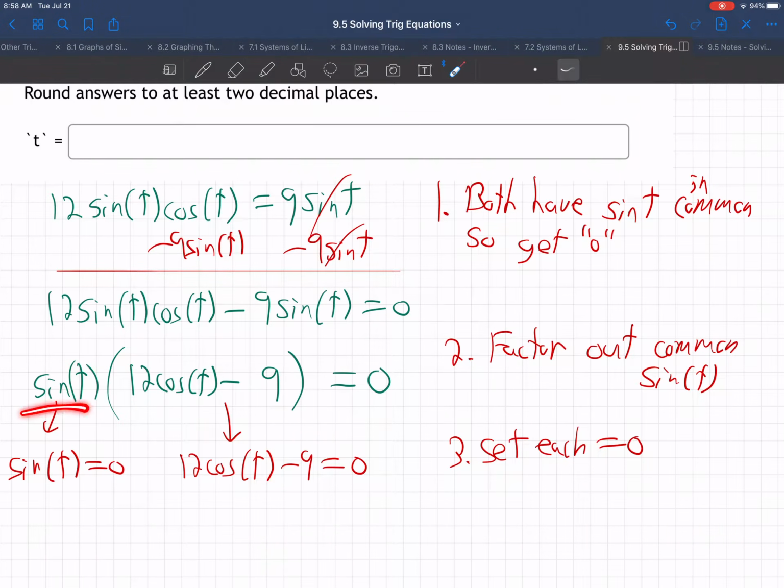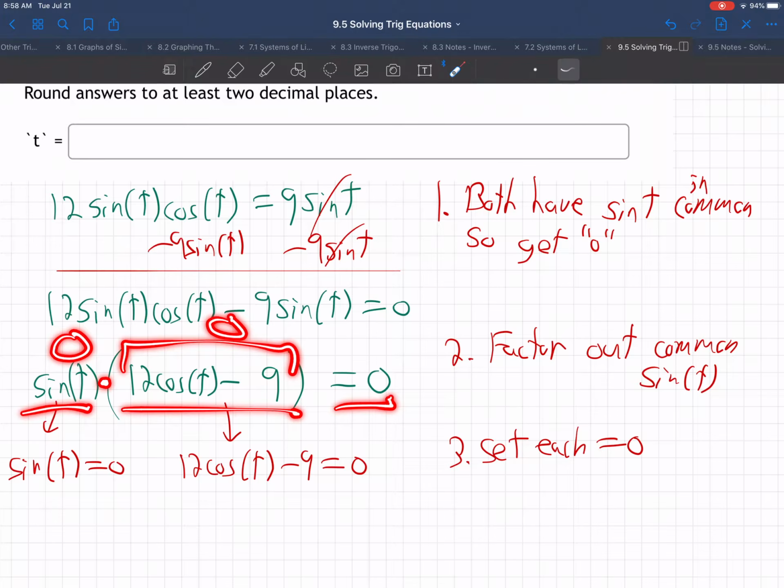Because if two things are multiplying, the parentheses mean multiply, to equal 0, what does that mean? How can two things multiply and come out 0? Well, the first one could be 0, or this whole second one could be 0, right? If either one of them is 0, then the answer will be 0. So it means the first one could be 0 or the second one could be 0. That's what that means logically, right?